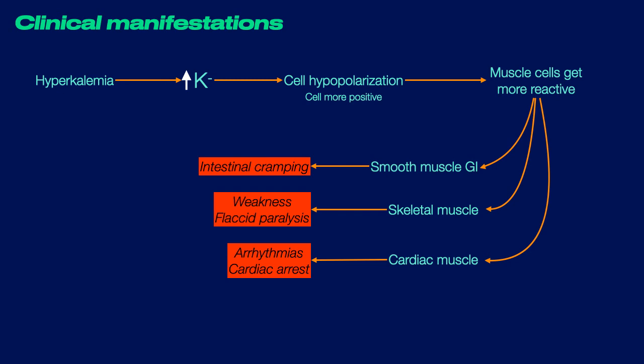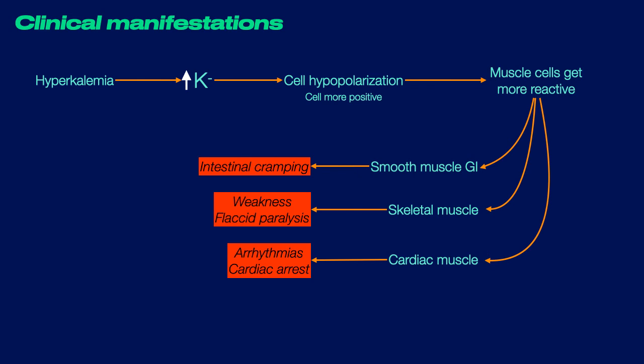eventually the resting membrane potential gets so high that it's above the threshold potential, meaning that once the muscle depolarizes and contracts, it can't repolarize to another contraction. In skeletal muscles, this can cause weakness and flaccid paralysis that starts in the lower extremities and ascends upward.